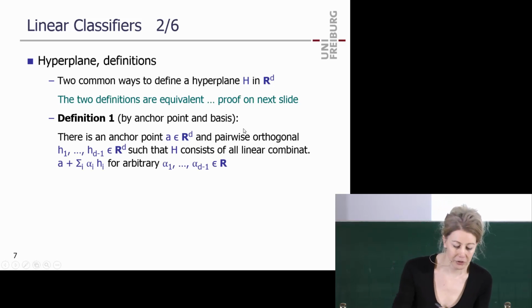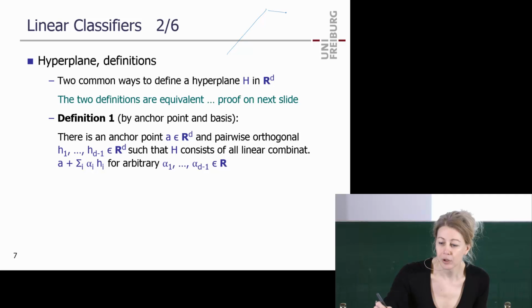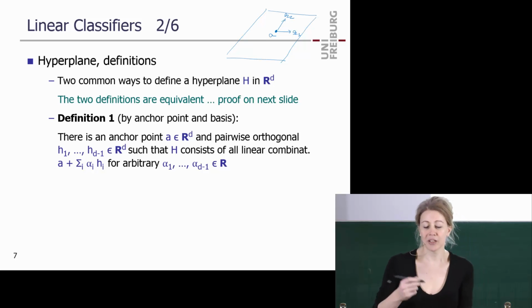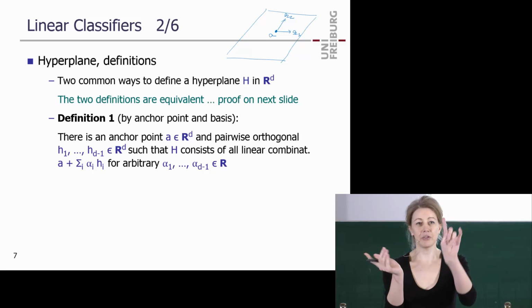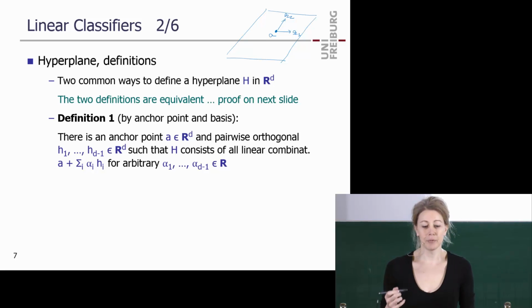Let me just draw a picture. So you have a plane here, so that's now 3D, yeah? And one way to do it is you have one point on the plane, and then you have a basis here, right? This is maybe my H1 and this is my H2. That's definition 1, right? So I have a point and a basis, and this defines the plane for me.